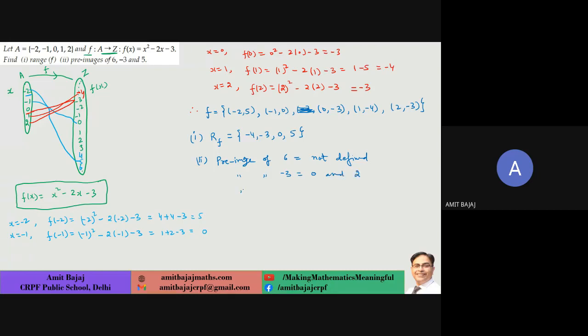So pre-images can be more than one. That is not bound to be unique. And finally what is the pre-image of 5? That is clearly -2. Yes, perfect.